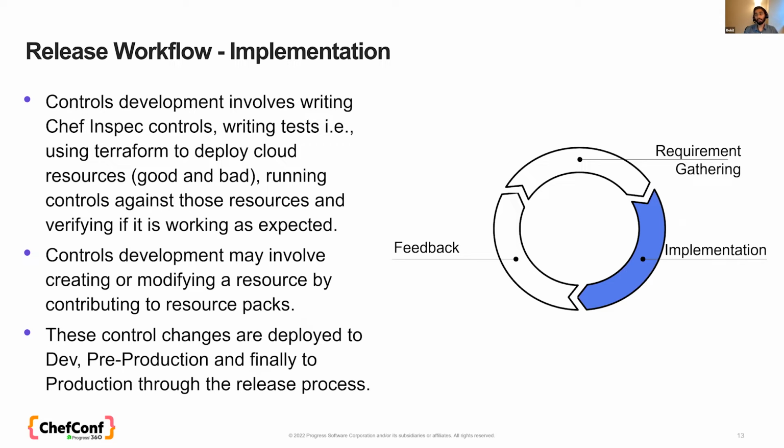The typical test cases that we use are the good and the bad tests, wherein we deploy good resources and bad resources to the cloud account and run the control against them. Ideally, the control should pass against the good resources and fail against the bad resources.